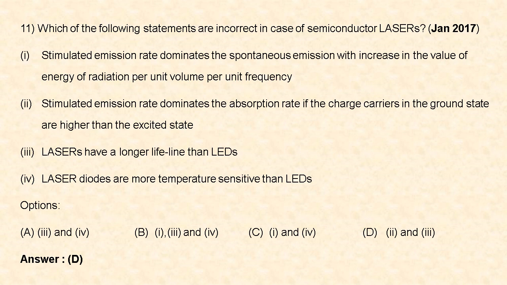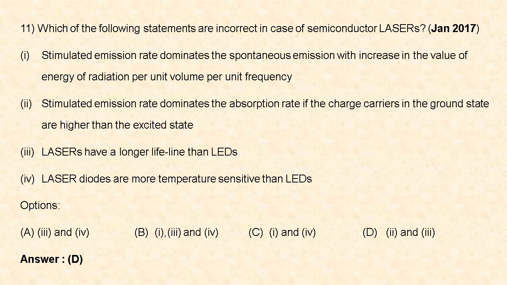First statement is correct because stimulated emission rate dominates the spontaneous emission rate with increase in the value of energy of radiation per unit volume per unit frequency. But the second statement, stimulated emission rate dominates the absorption rate if the number of charge carriers in the ground state are higher than the excited state, is wrong, because if the number of charge carriers in the ground state are higher, then absorption rate dominates the stimulated emission.